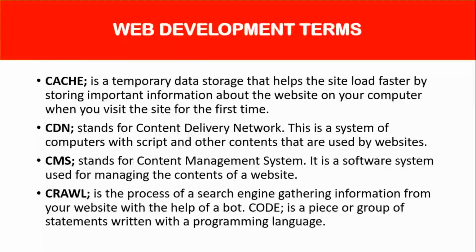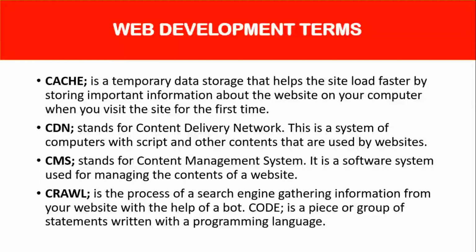Now CDN stands for Content Delivery Network. This is like a system of computers. They have files, libraries, scripts, and other contents on these websites, and some might have pictures and icons. So basically this network helps us to access these resources faster than we could have if we had them on our devices or on our own server.